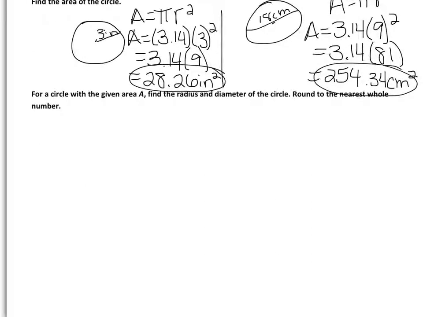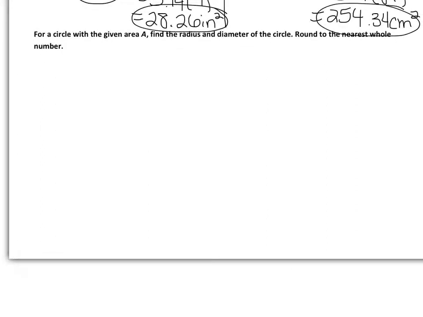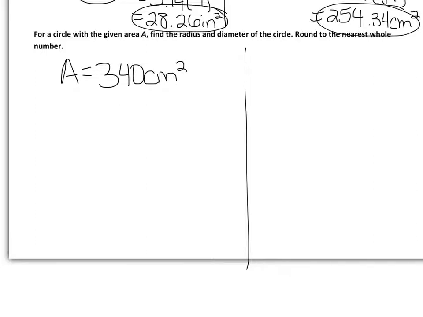Okay, now the last thing we want to do, just like with the perimeter, instead of giving you the radius or the diameter, I'm going to give you the area, and I want you to first find the radius, and then I want you to find the diameter. So for this first one, let's say I have an area of 340 centimeters squared. So remember my formula, we're going to take A equals pi r squared, plug in the numbers that you do know.